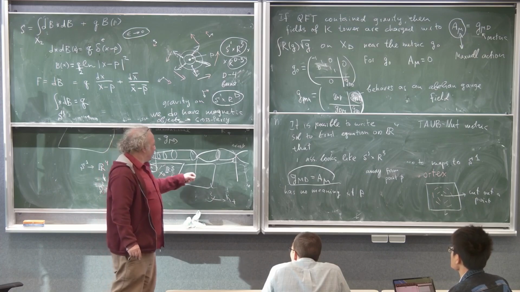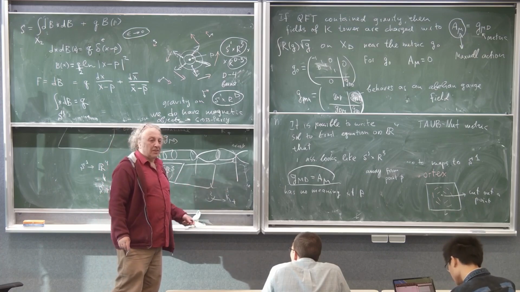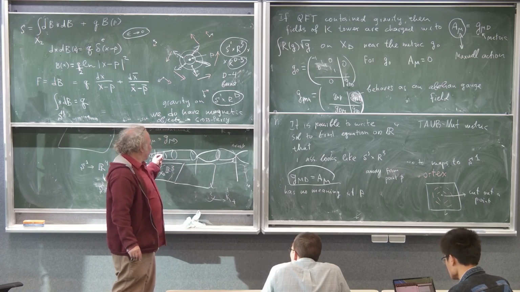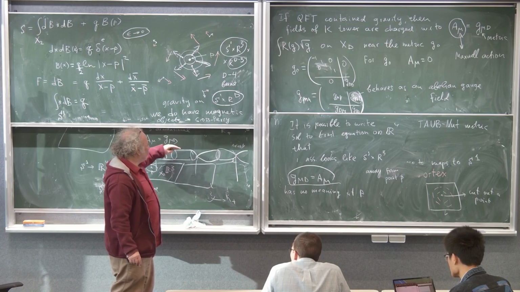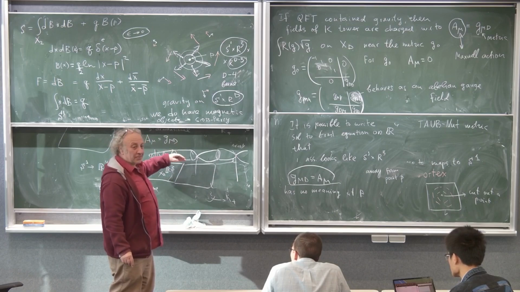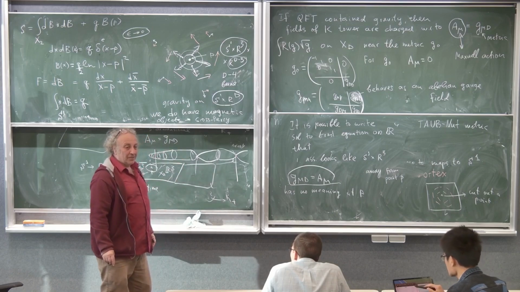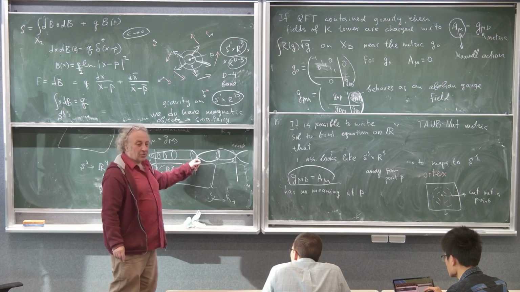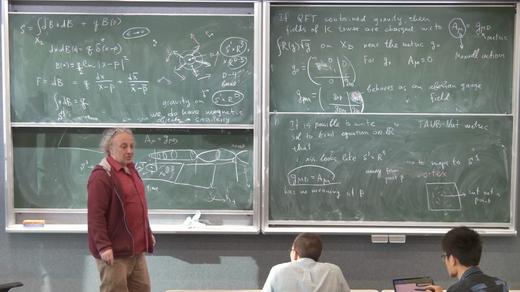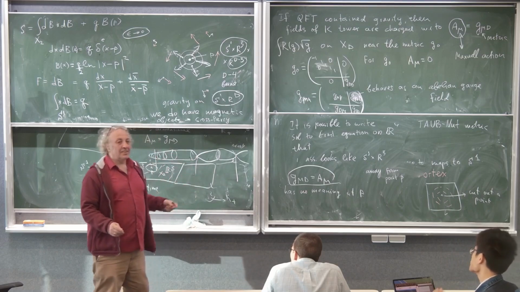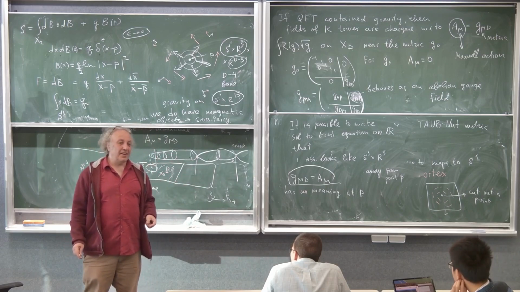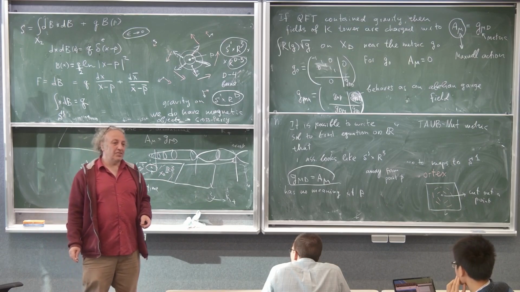You will have some number of abelian fields here, and particles that are coming from extended objects that are wrapping these spheres would be W bosons. They would be charged with respect to these abelian groups. And in this way, you may consider this as a phase of the non-abelian gauge theory.